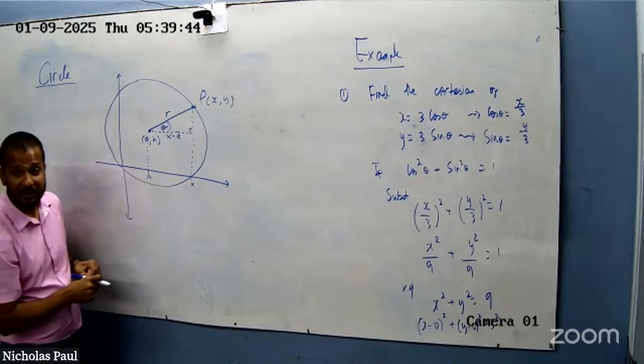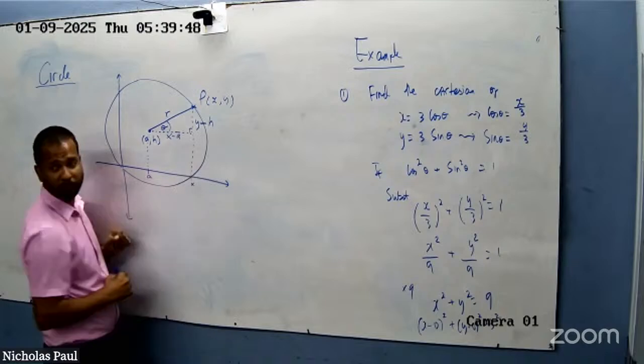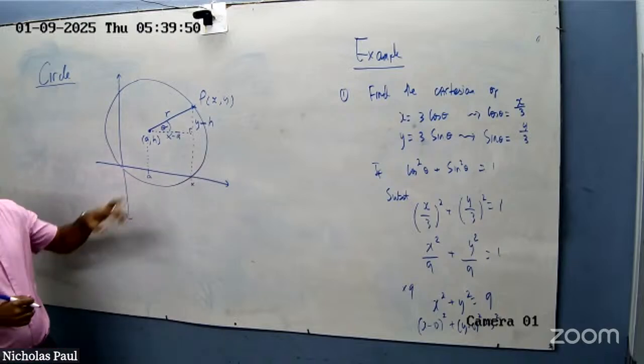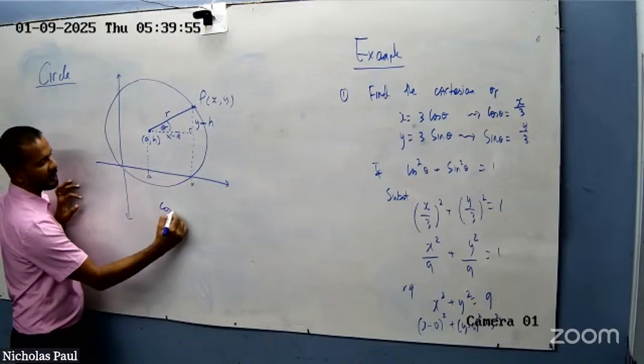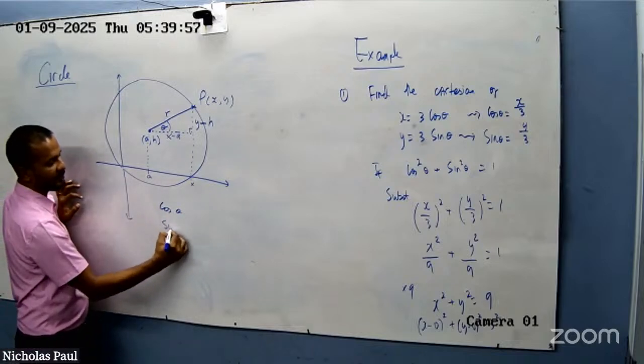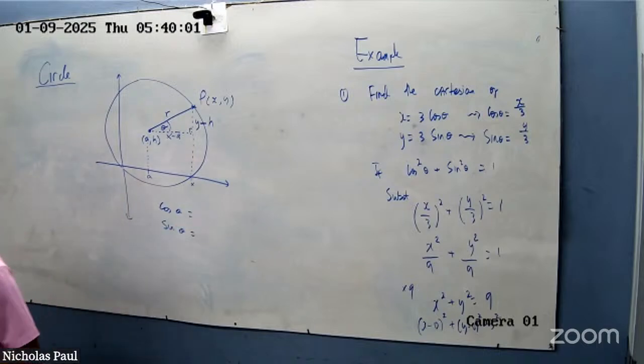Y minus H. Nice. Y minus H. Okay? Now do the same thing as before. Find cos theta and find sine theta, and tell me what the parametric equation is. That's all. Do the same thing fast.